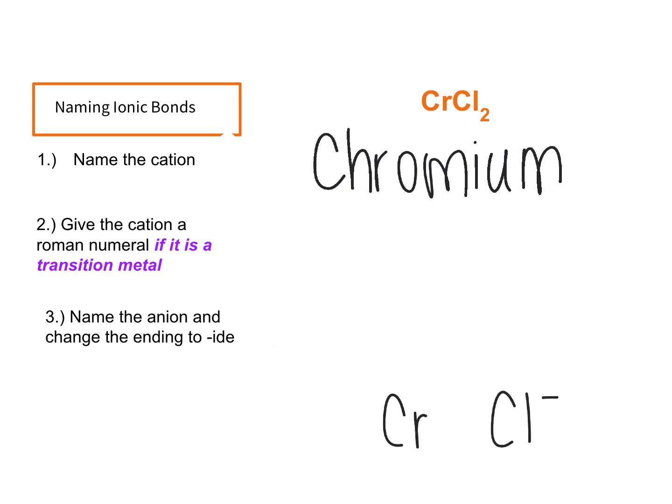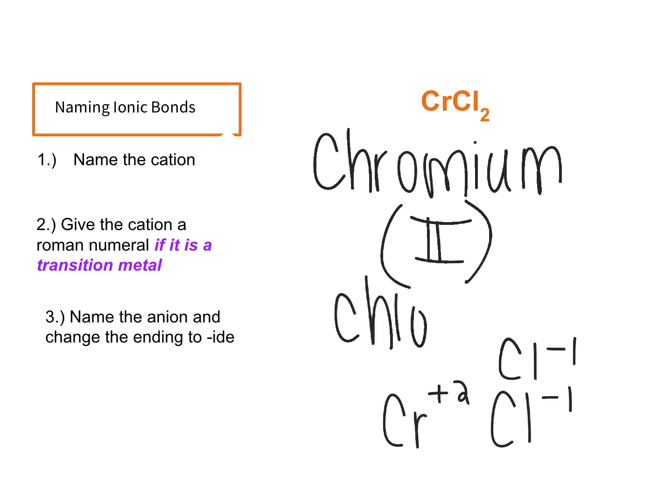We know that chlorine is -1, so our chromium has to be a +2 because we have 2 chlorines, so it has to be a 2 to balance out those charges. So my Roman numeral is going to be 2 plus chloride. So our name is going to be chromium 2 chloride.